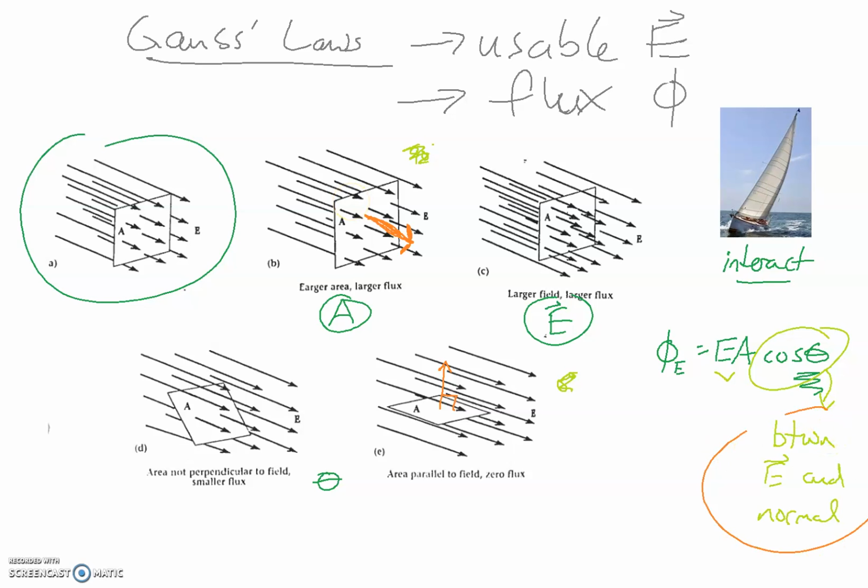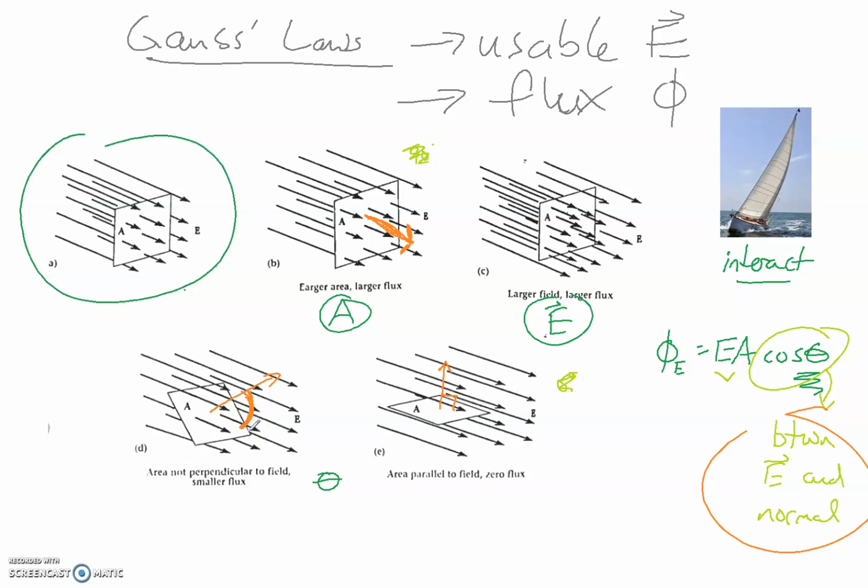So you've got to be careful: the angle is between the field and the normal to the area, not between the field and the actual area. And there's nerdy math reasons where this comes from, but we're not going to worry about that. Same thing for this one here. This one would have a normal vector coming out here, and that angle would be measured something like this.